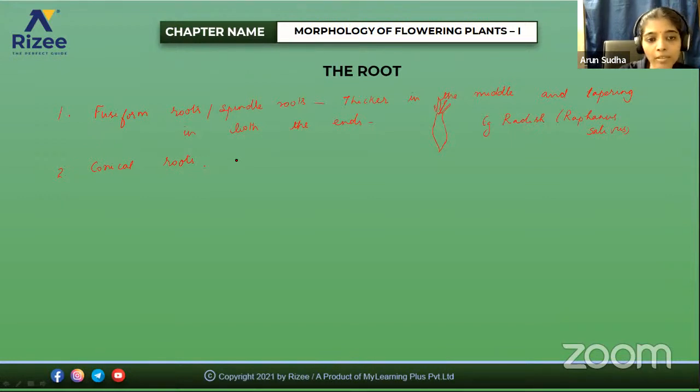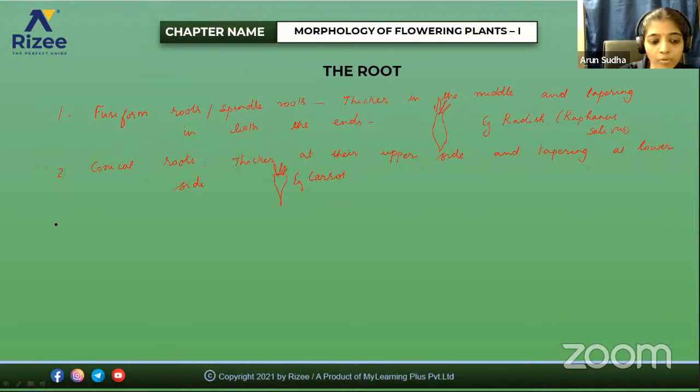In the case of conical roots, it will be thicker at the upper side and tapering at the lower side. So the example is carrot.